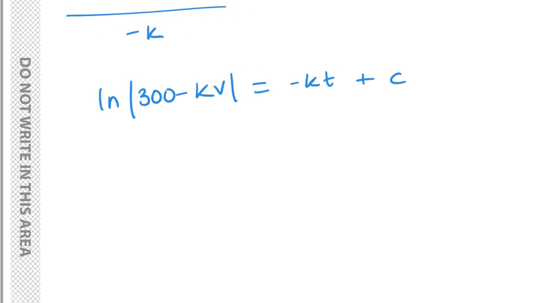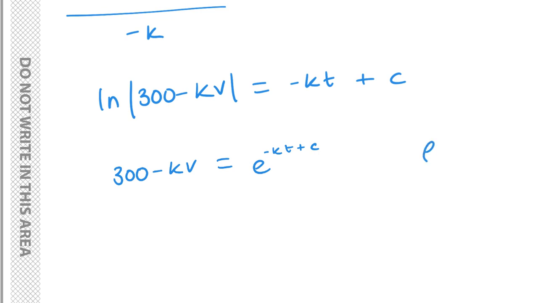So now, how do I get rid of a ln? E. So if I e both sides, I get 300 minus kV equals e to the minus kt plus c, because I've e'd both sides, right?